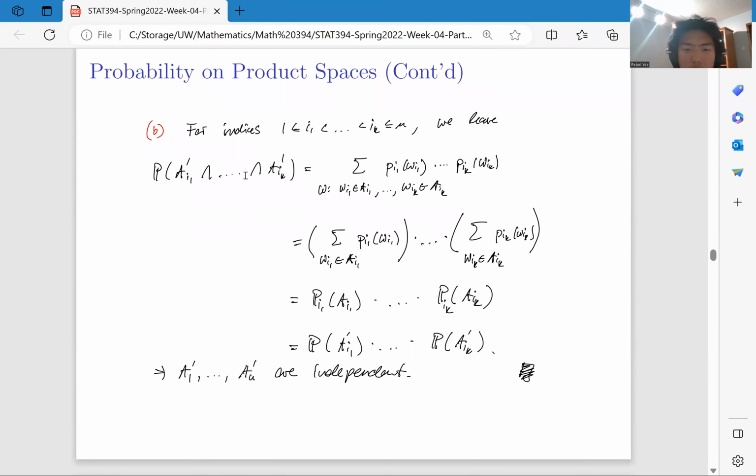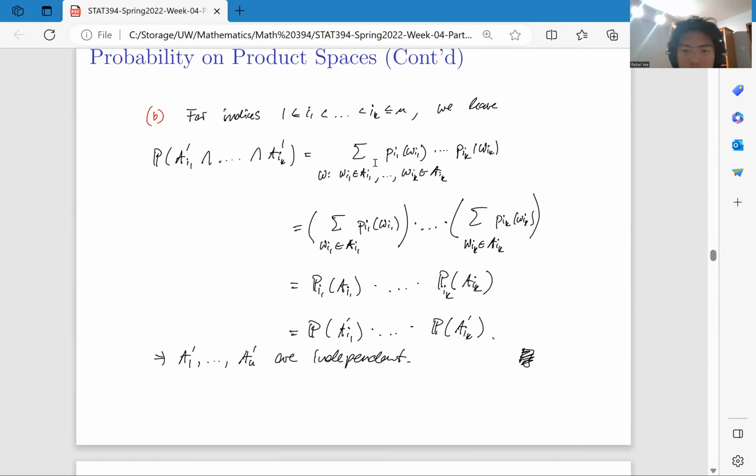And as we calculate them together, we find out, well, this is because we intersect them all together. So this is wi1 belongs to Ai1, wik belongs to Aik, all in this situation.